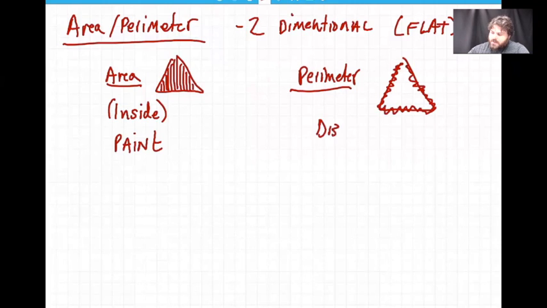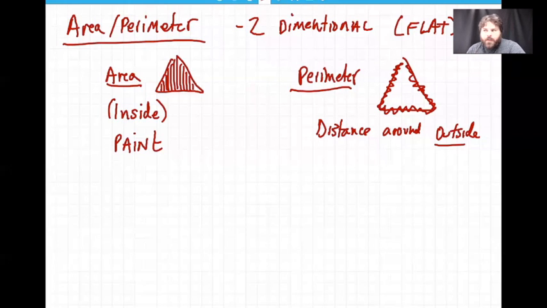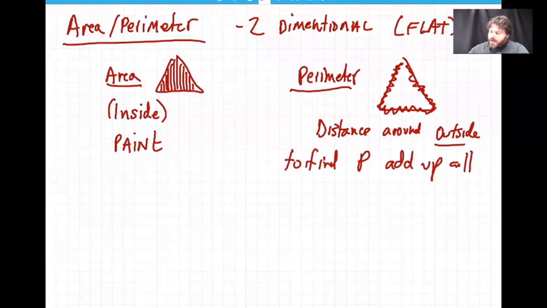So distance around the outside. So it's not really the inside, it's the distance around the outside. One way you would think about this is just how far would it take you to walk around, or what's the total distance? So you basically just add up all the distances. So to find perimeter, add up all the sides. That's kind of the key here for perimeter. You just add up all the sides.